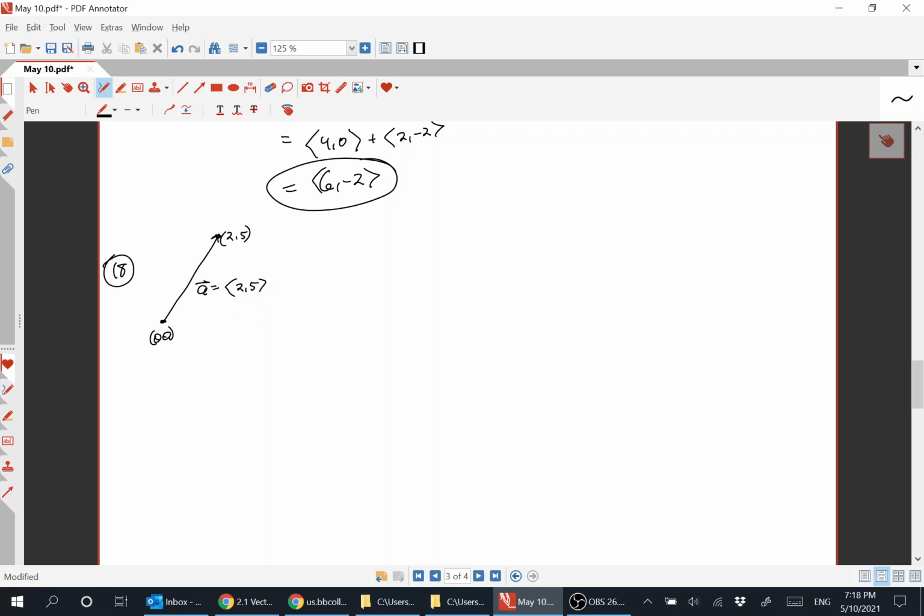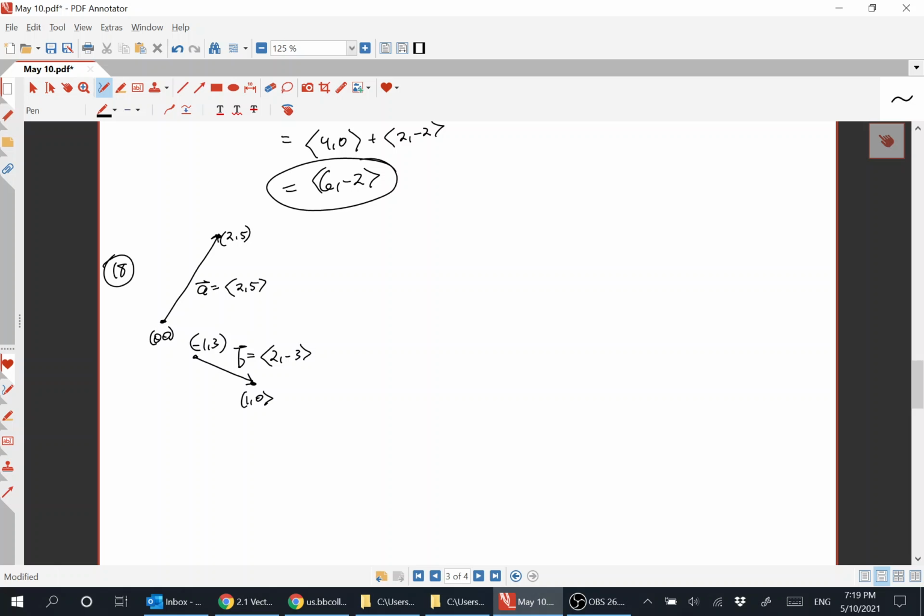Right, head minus tail. The other vector is B, -1, 3 is the tail, and then the head is at 1, 0. So vector B, head minus tail, is 2, and then 0 minus 3, -3.